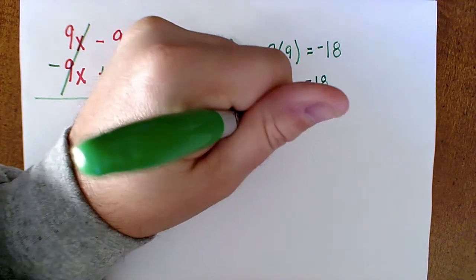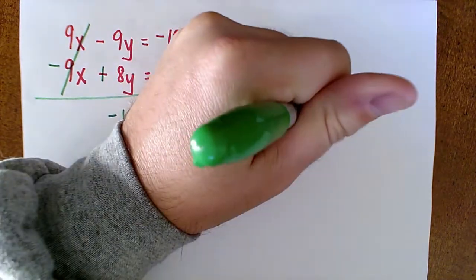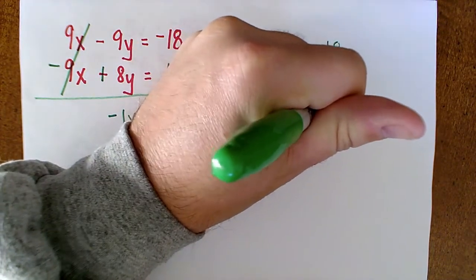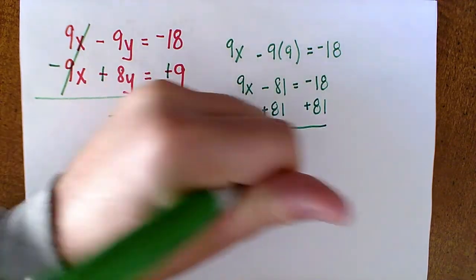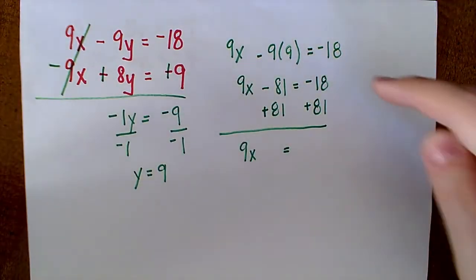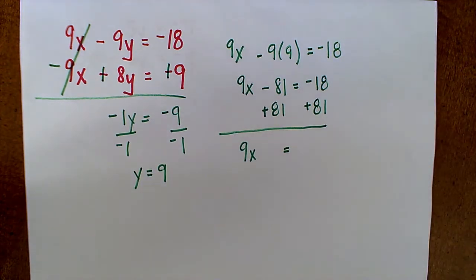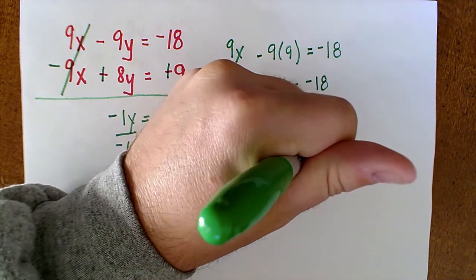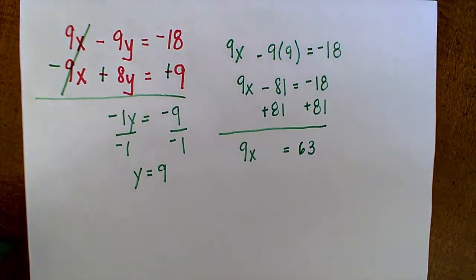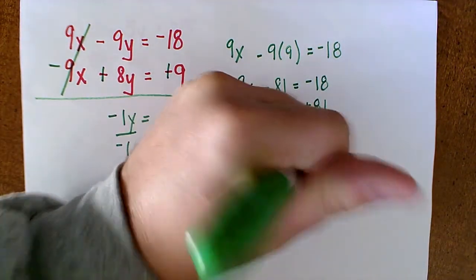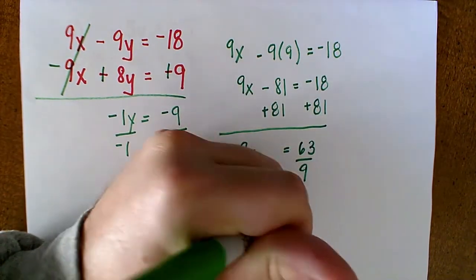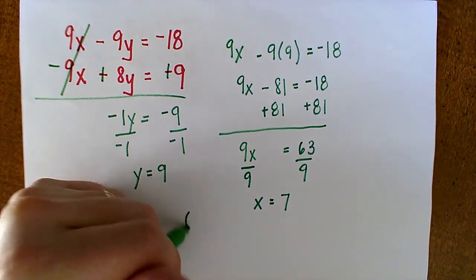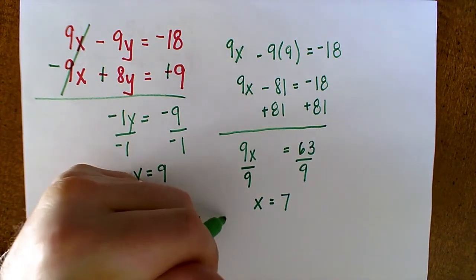We're going to add 81 and add 81. 9x equals negative 18 plus 81 would be 63. And when we divide by 9 and divide by 9, we get x equals 7. So our solution would be 7 comma 9.